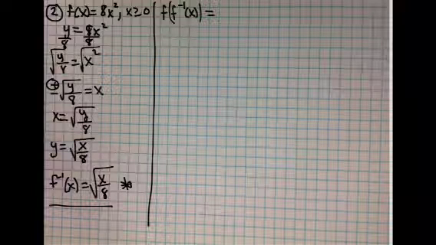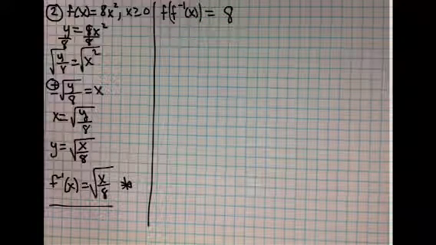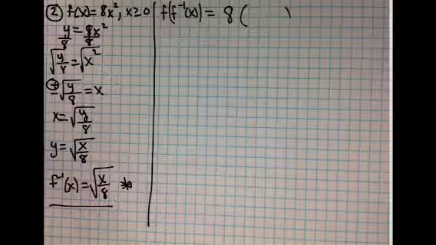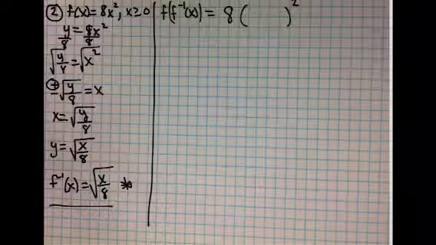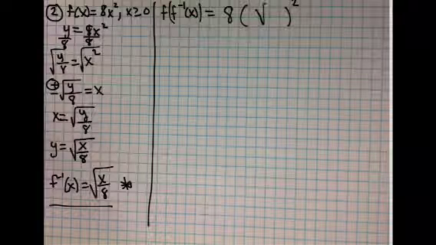So we're going to do f of f inverse of x, and so we take 8, blank squared. Remember, in this blank we're going to write in our f inverse of x.